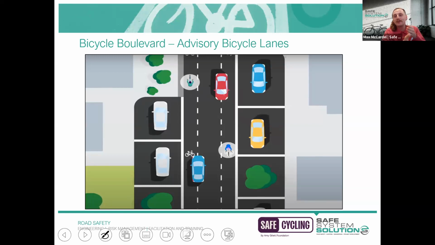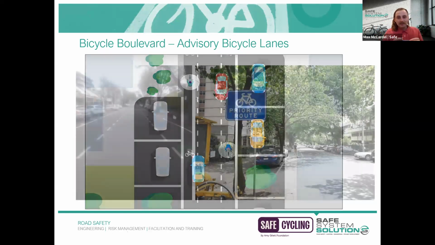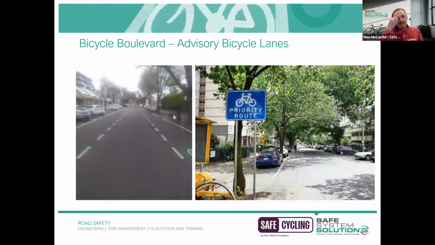If you're a vehicle, you need to pop into little driveways and things like that to maintain access all the way through. It's got that principle in place, but they've made the bicycle lanes continuous in these examples. Here's what it looks like out on site. Very popular routes, and lots of cycling activity occurring there.